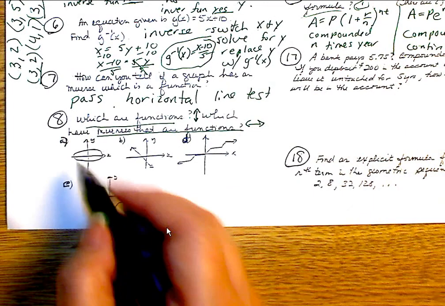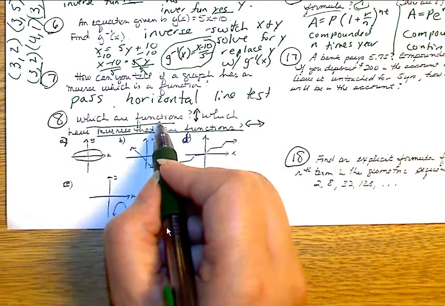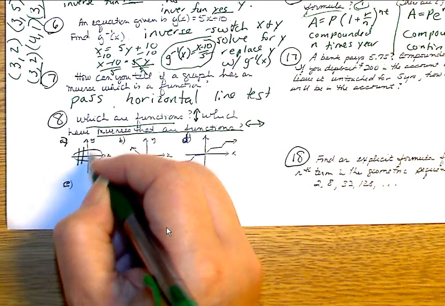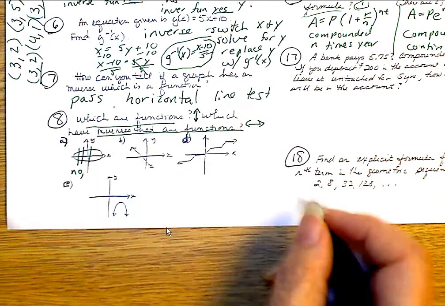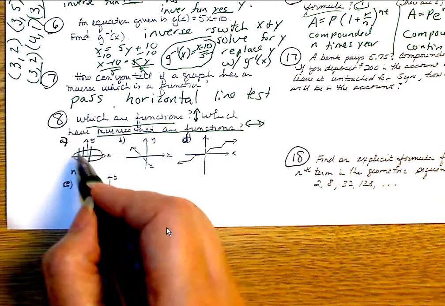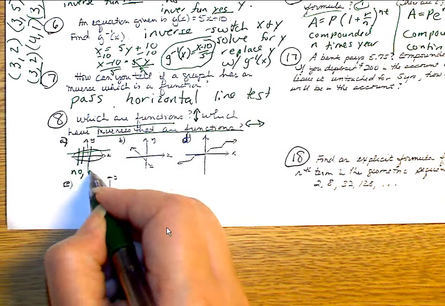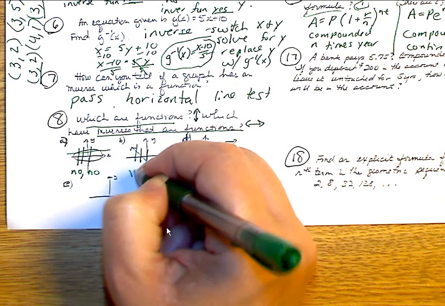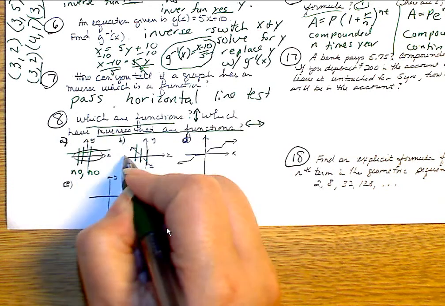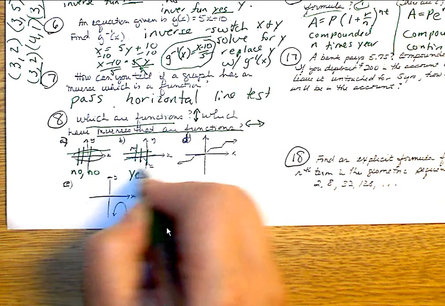So, is this a function? No. And then it says, is its inverse a function? No. What about this one? Is this a function? Yeah. Is its inverse a function? Yes.